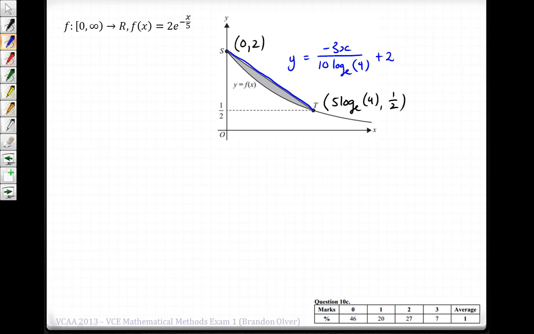So now again, we're hunting down this area in green, or shaded in. And we know that that area is going to equal the integration between our x point 0 here and 5 log e of 4 of our upper curve, which is the blue, minus our lower curve, which I'll put in red, which is that function there.